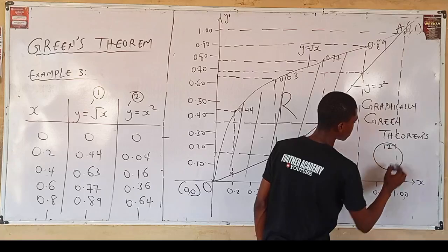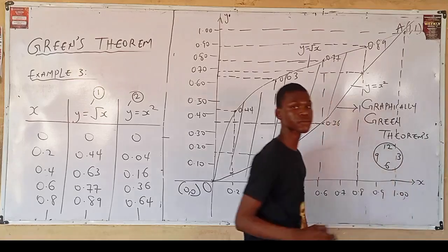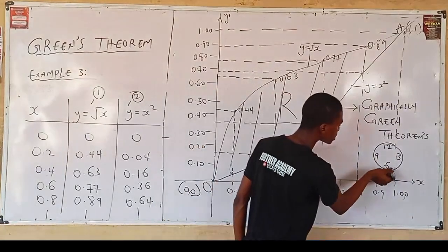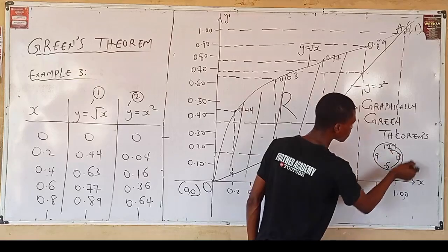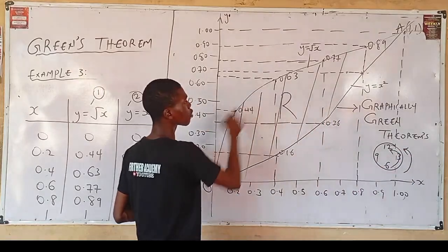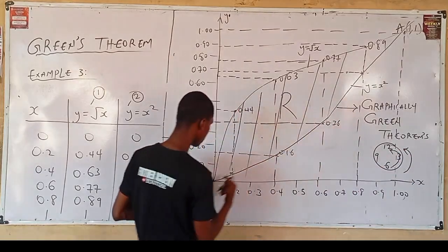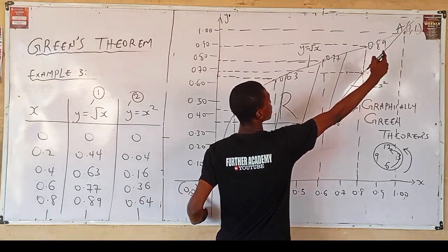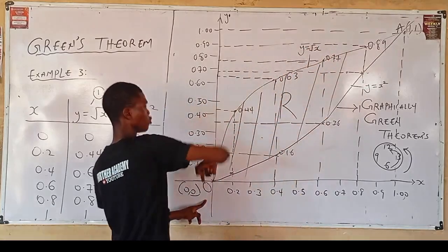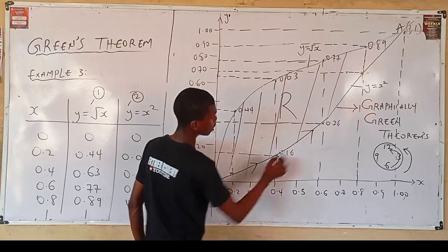Say this is 12, say this is 6, say this is 3, and say this is 9. So I want to move in a counterclockwise direction, meaning I'm moving in this manner. Meaning for this curve to move counterclockwise, you are moving from O to A, and A back to O. So I'm going in this manner.